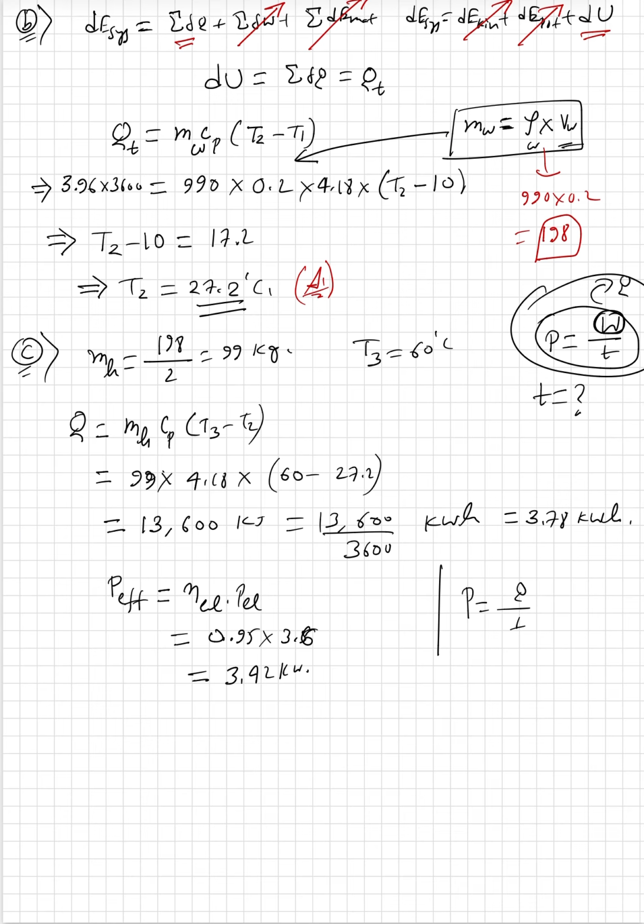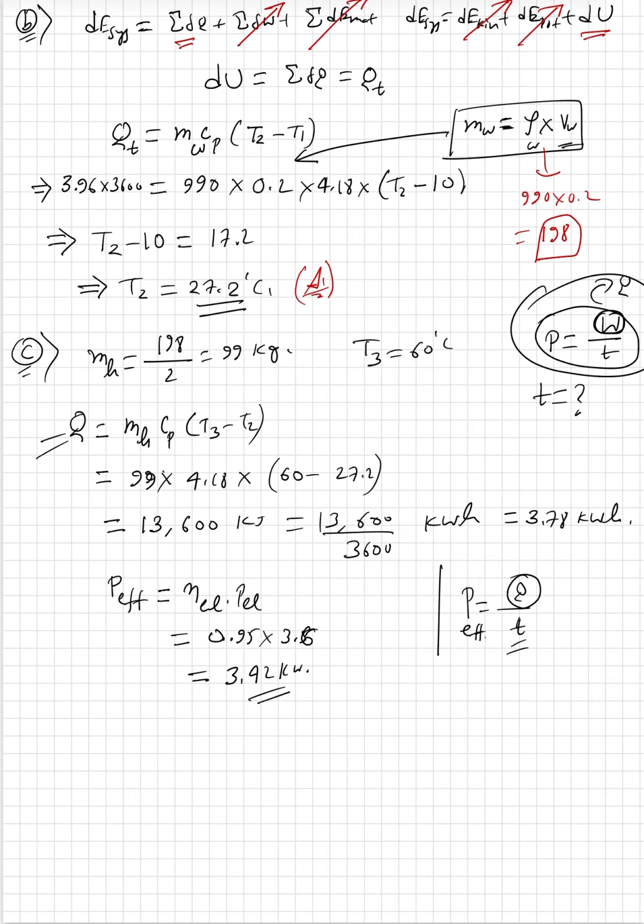Now we all know power is also Q upon time, or work upon time. Actually, power means the energy rate. So here the energy is the heat energy, and the effective power would also be equivalent to this. We have calculated the heat energy, and now we have to calculate the time.